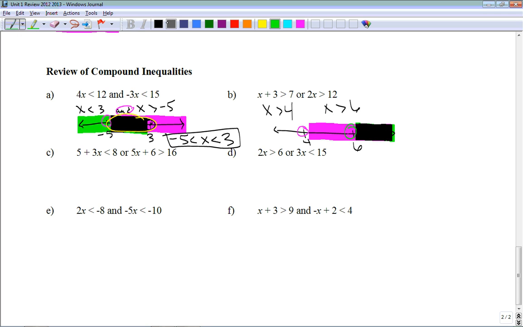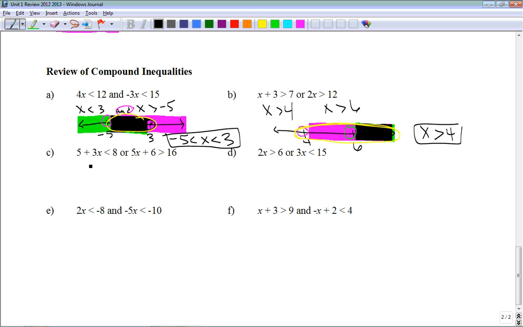The difference between or and and compound inequalities: and only wants where it overlaps, but or wants to include everything that got shaded. So anything that got shaded was this whole region right there, and we can describe that section by x is greater than 4. So that's our answer for that one.